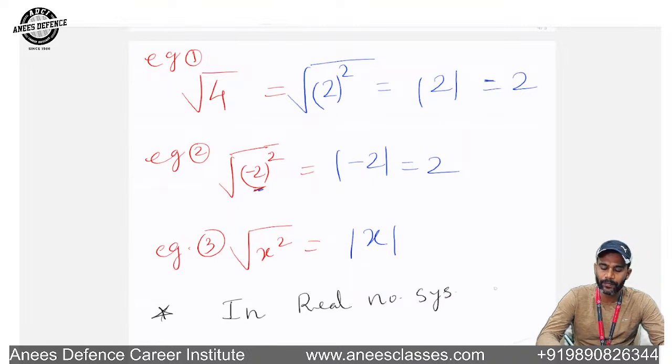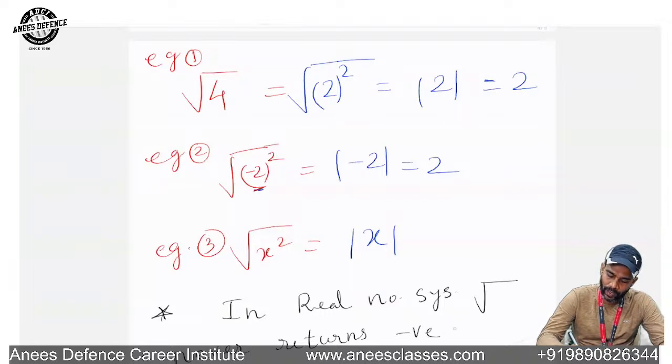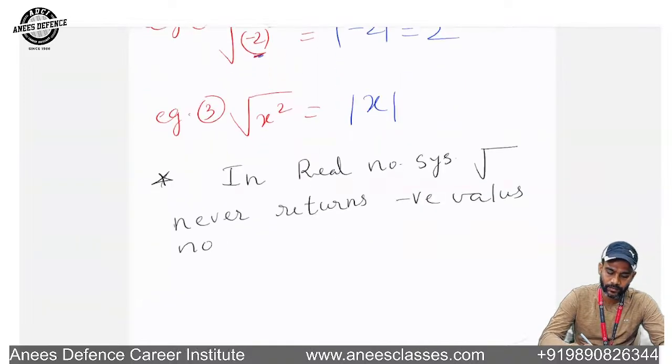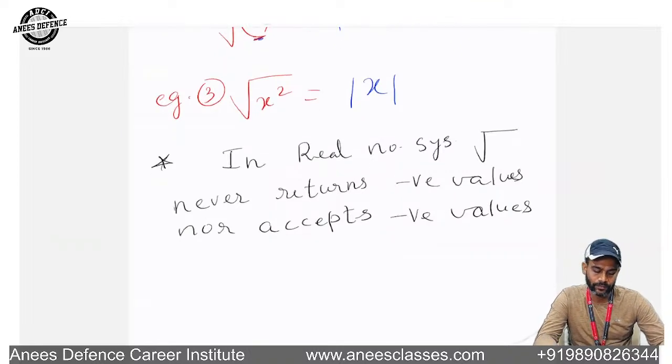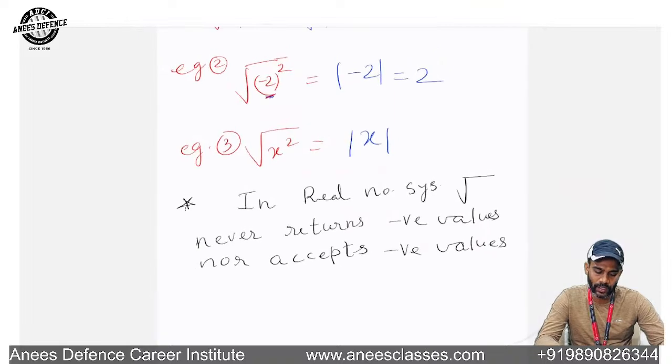In real number system, square root never returns negative values, nor accepts negative values. Always remember it. And please write down these 3 examples.